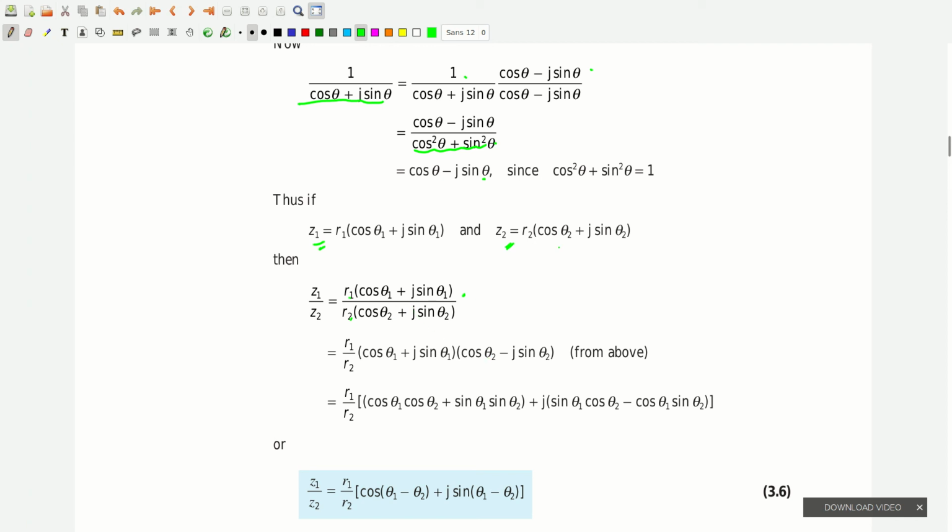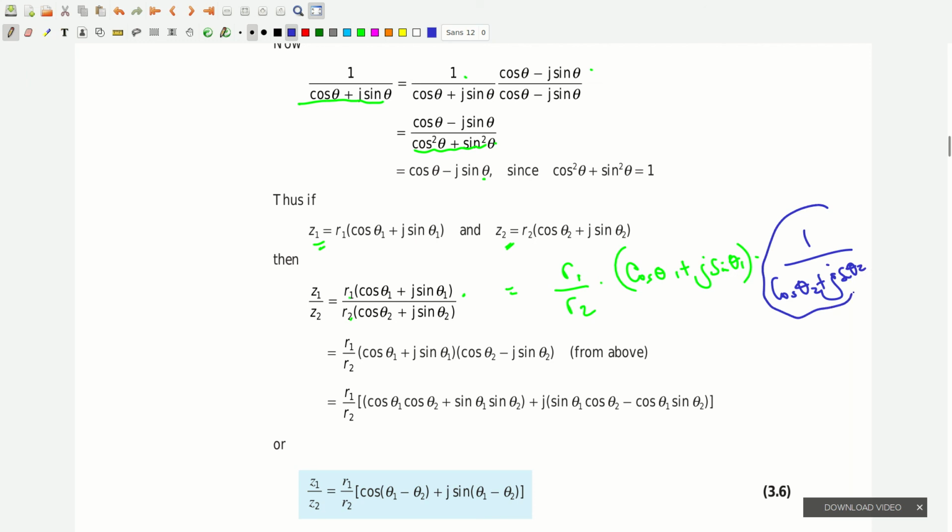So maybe we have R1 divided by R2, then we have cos theta 1 plus j sine theta 1, then times 1 divided by cos theta 2 plus j sine theta 2.